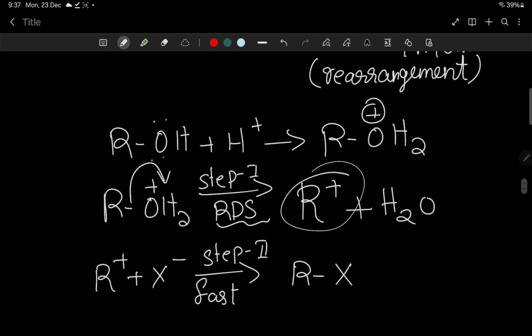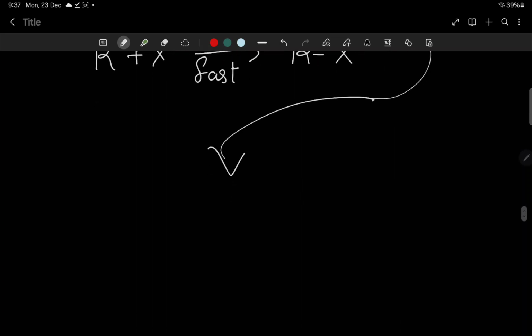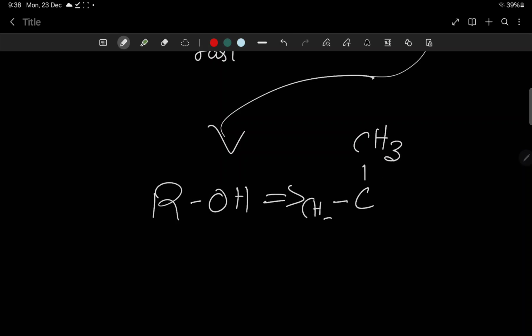Here, take this R plus carbocation. Take the compound ROH to be a secondary alcohol. So it will be like this: CH3, CH2, CHOH, CH3.